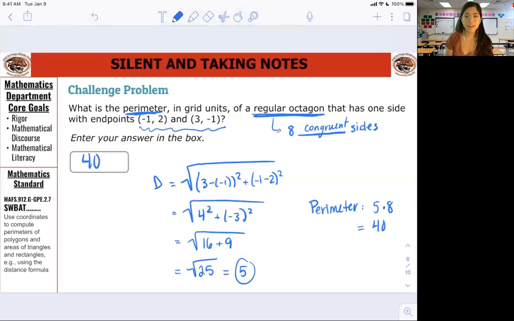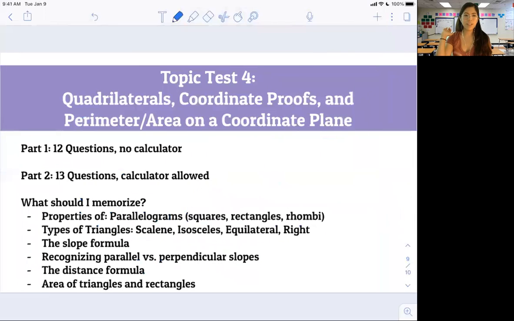I just want to go over really quickly what will be on the test and what you should be memorizing over the weekend. Do not leave. We still have 2 minutes. Take a screenshot, take a picture if you prefer. All right, this is what's going to be on the test.